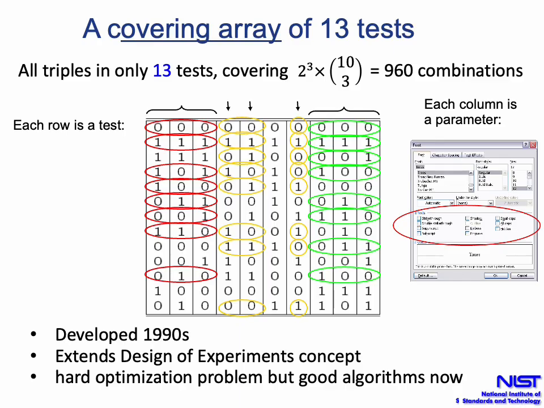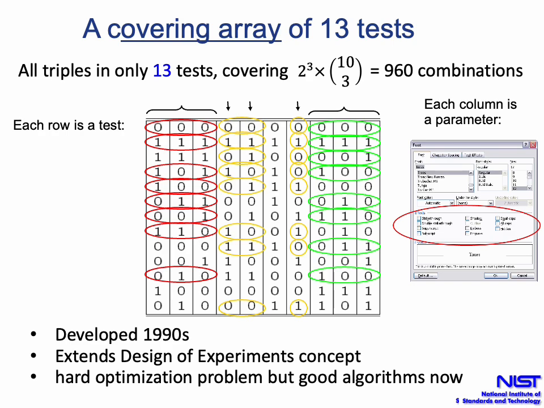So if we look at this array, each row represents a test. Each column represents one of the 10 variables. So if we take them 3 at a time, we can take them in any order. We can use the ones shown in red, that's 3 columns. Any 3 columns covers all of the three-way settings of these variables, when we can read them left to right, inside out, any way we like.